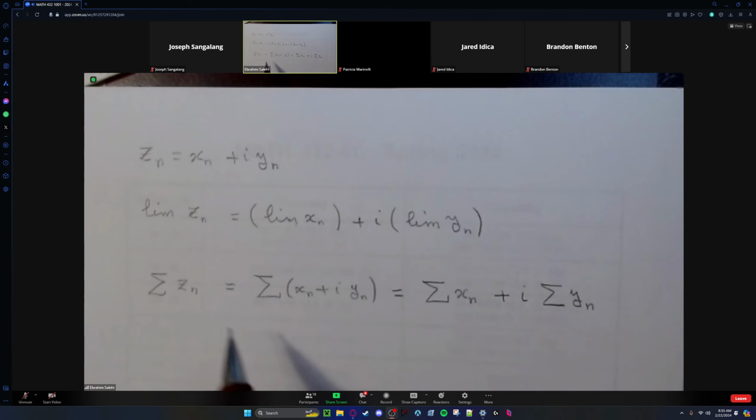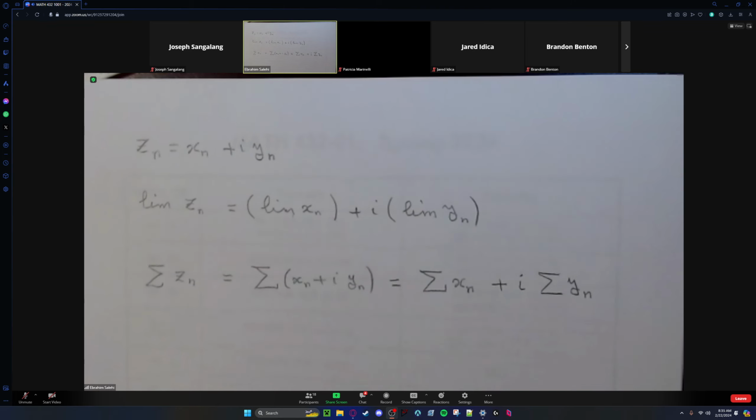So when you want to find the infinite summation of complex numbers, it goes to the series of real parts and the series of imaginary parts. These are the series from calculus 2. That's why we need to review those.